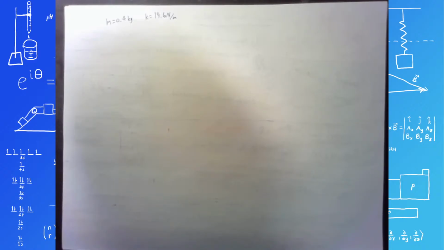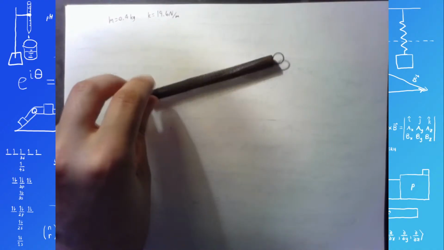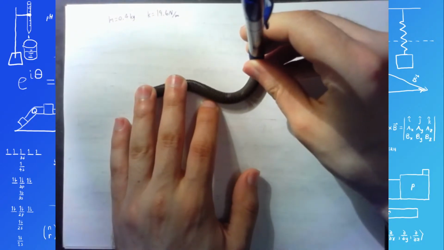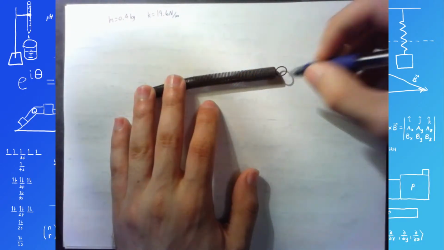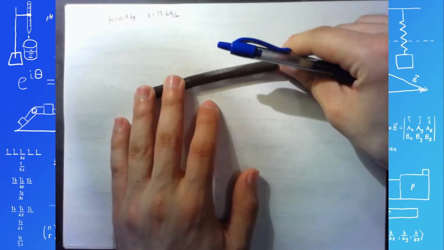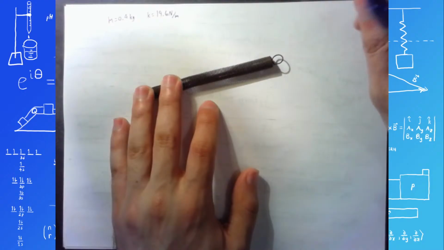It oscillates on a frictionless horizontal surface, so we don't have to worry about damping or forcing. If the spring is compressed 4 centimeters and released from rest, so they had a spring with an object attached to it, they compressed it 4 centimeters and let it go. This one doesn't compress very far, so maybe I'd be better off stretching it 4 centimeters and letting it go.